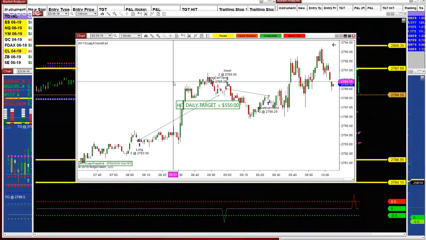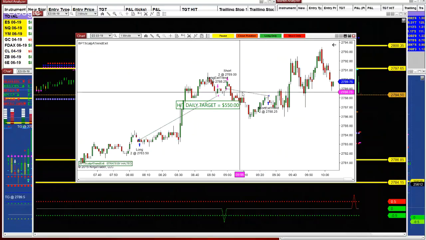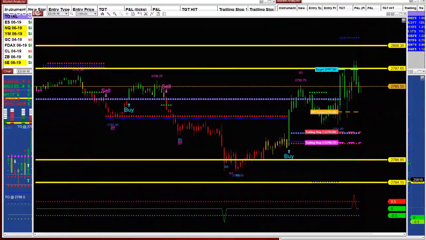So this one here, we are done with that trade. The scalpers and the swing trading do not require any optimization at all. All of them are on a turn on, turn off basis. Okay, so let's go back and examine the ES, where we are at on the ES.